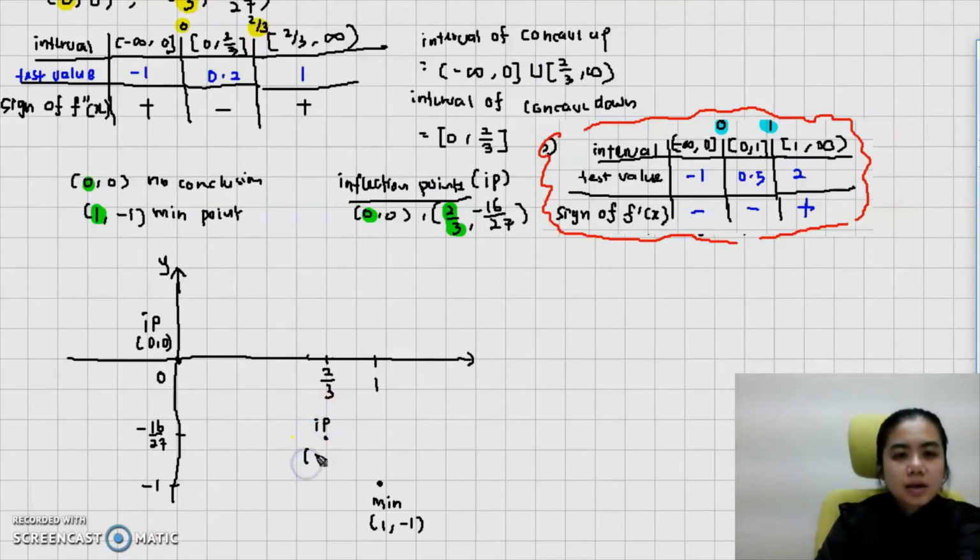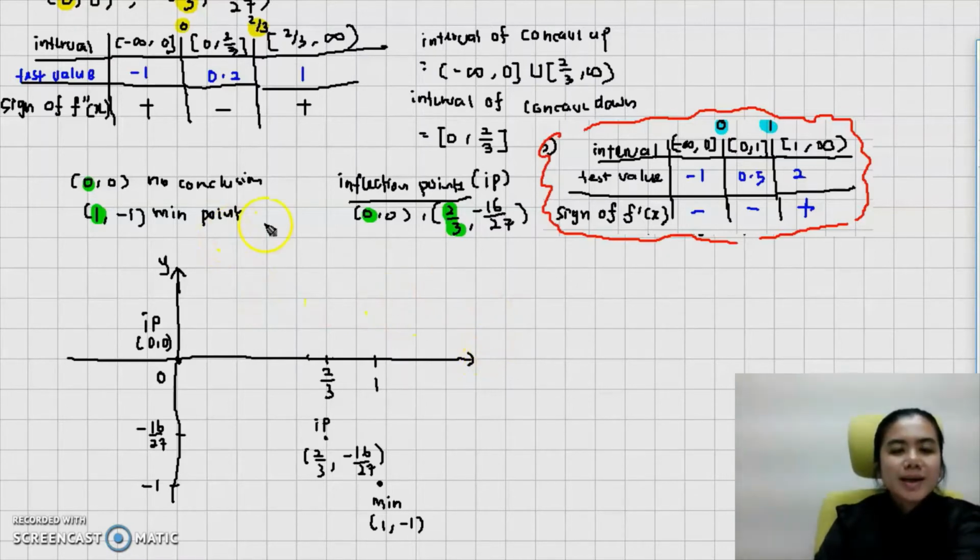So now after you have plotted all the coordinates, you have three coordinates basically.